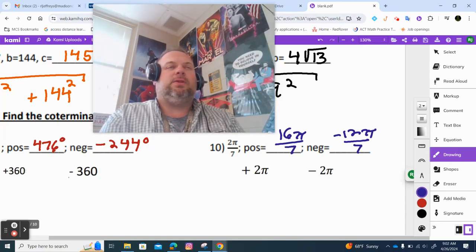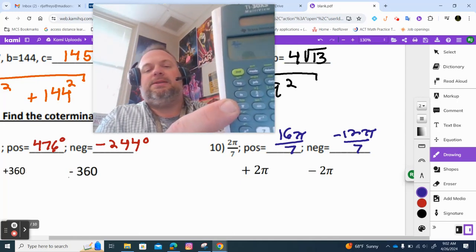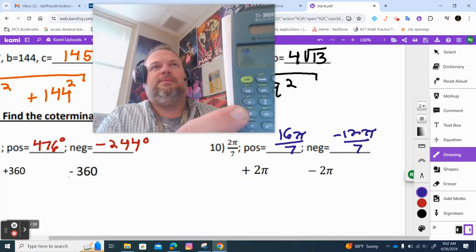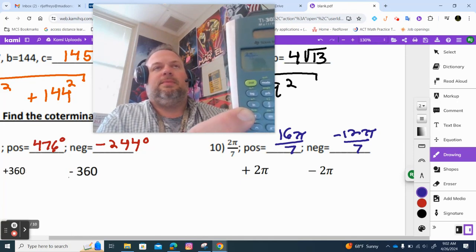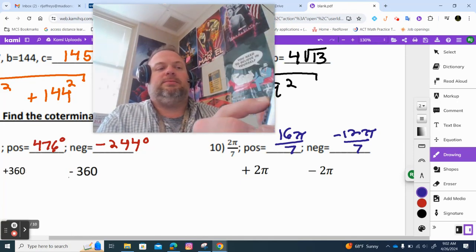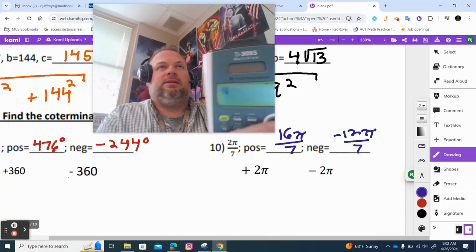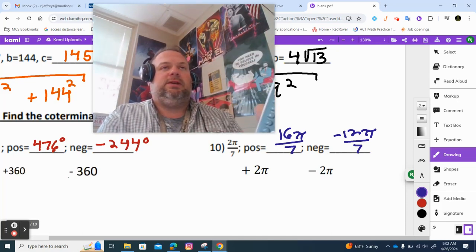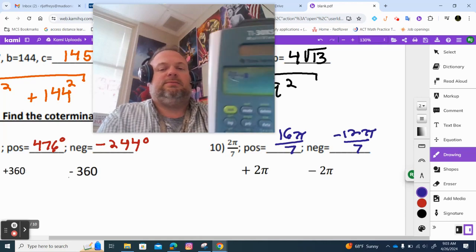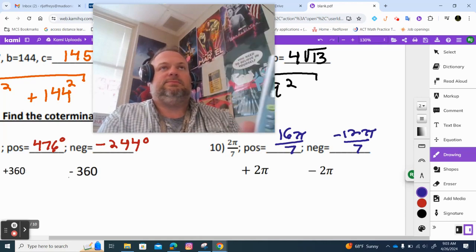All right. Do you not know where the pi button is? The pi button is right above the raise the roof button. Then you scroll down, 7. You go over, hit plus, 2 pi.